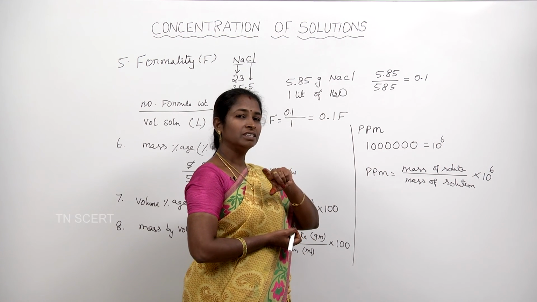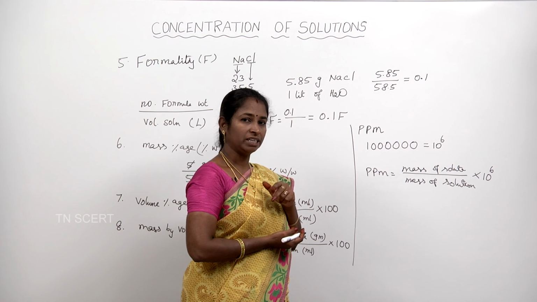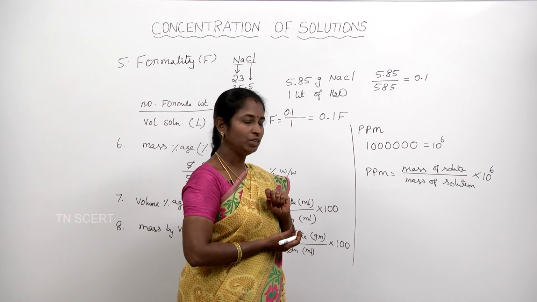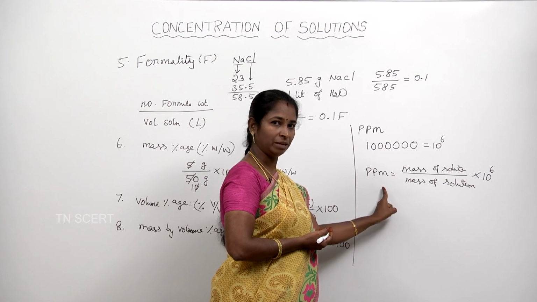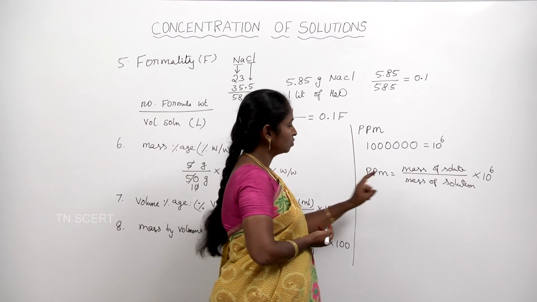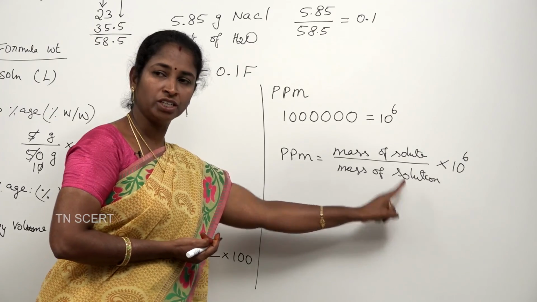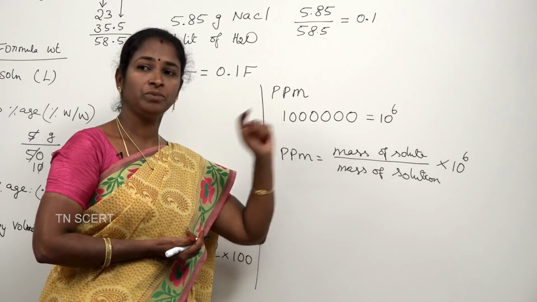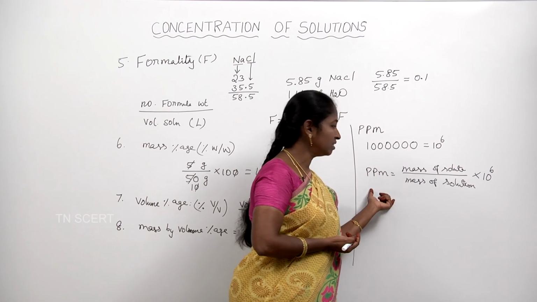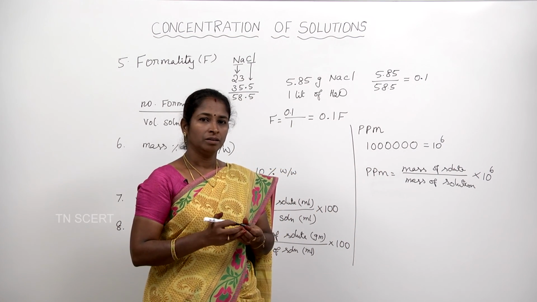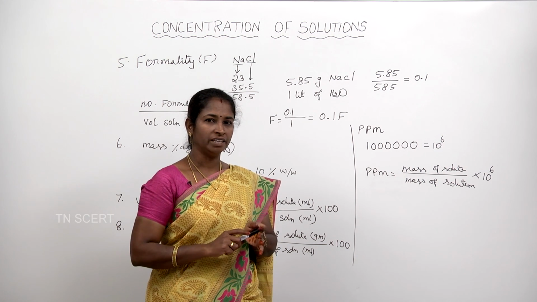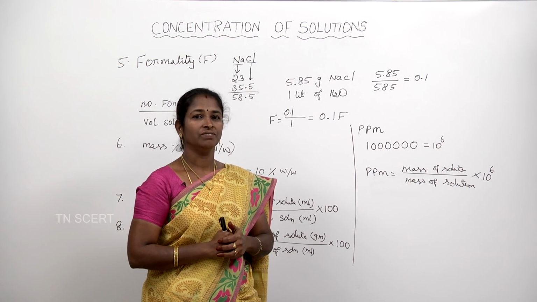Usually in tap water or sea water, the TDS value, total dissolved solid value, will be calculated in this unit only, parts per million. So, mass of solute and solution should be in the same unit. So, by knowing these types of expressing concentration of the solutions, you can calculate the concentration of solution very easily.